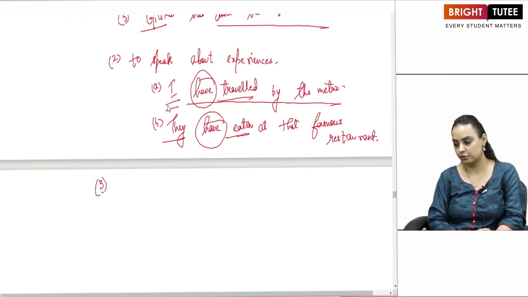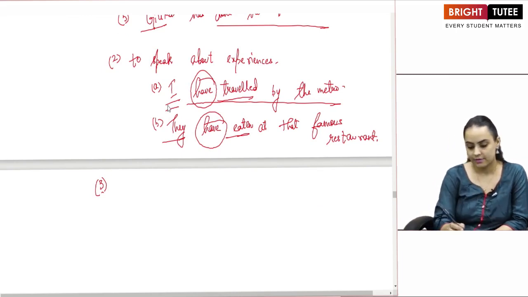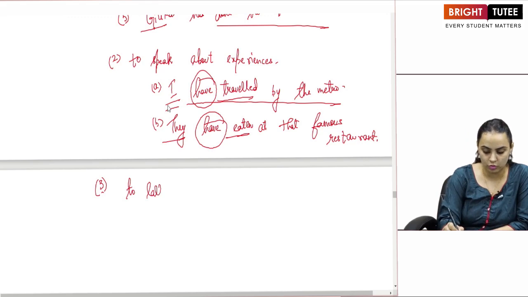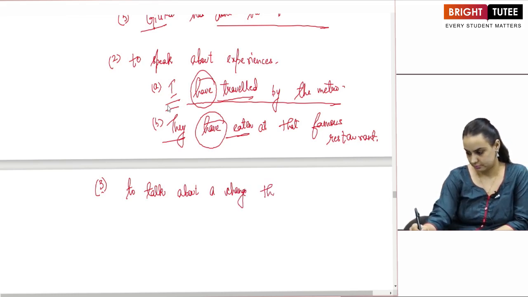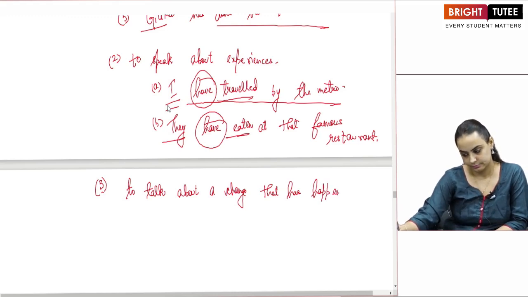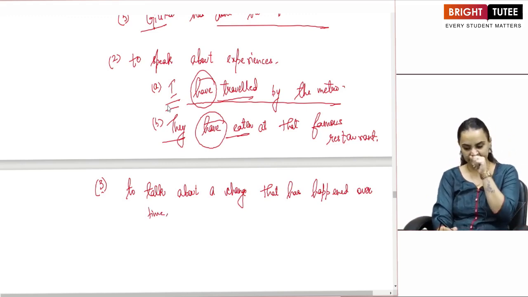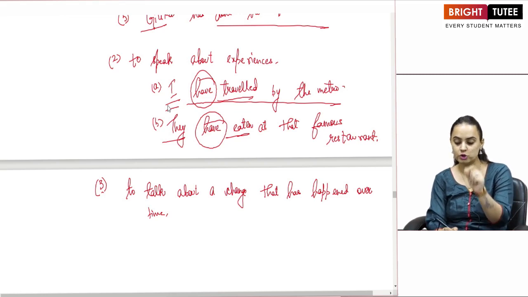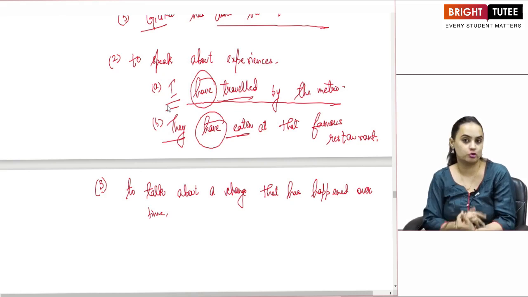The next use of the present perfect tense that we have to remember is that it is used to talk about a change that has happened over time, something that has changed over time.